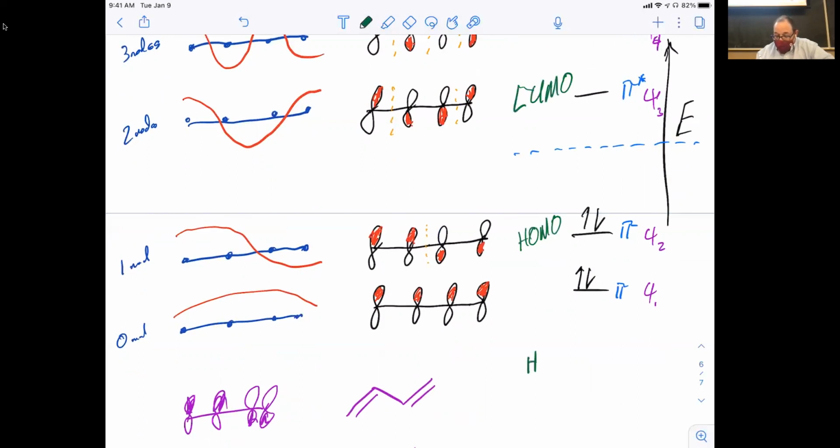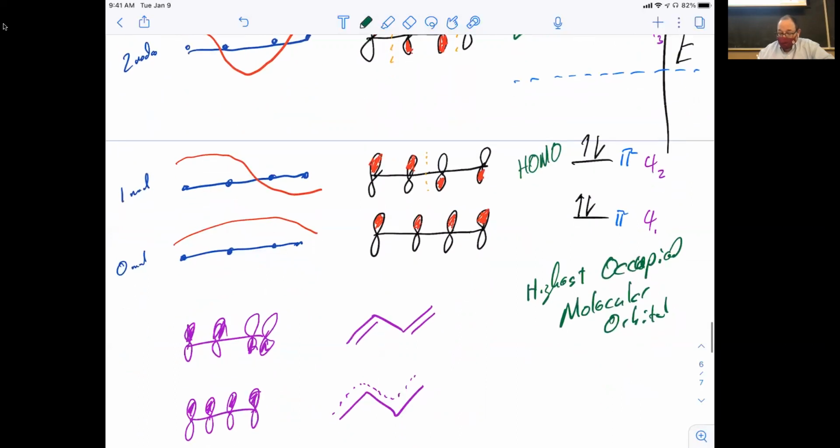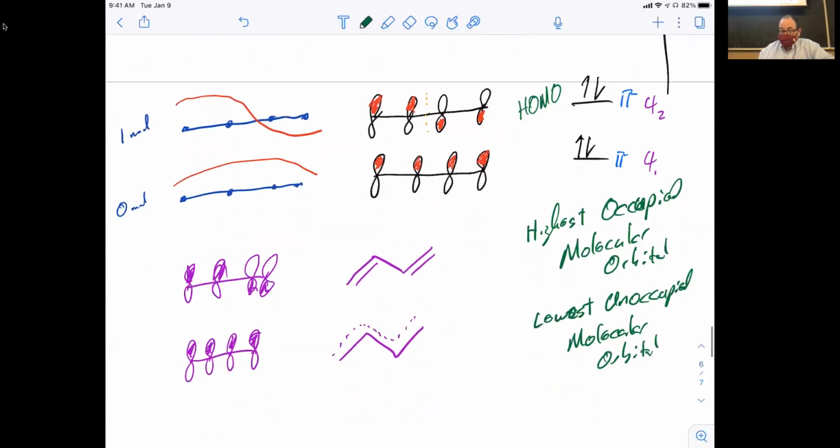HOMO is highest occupied molecular orbital. LUMO is lowest unoccupied molecular orbital. Okay.